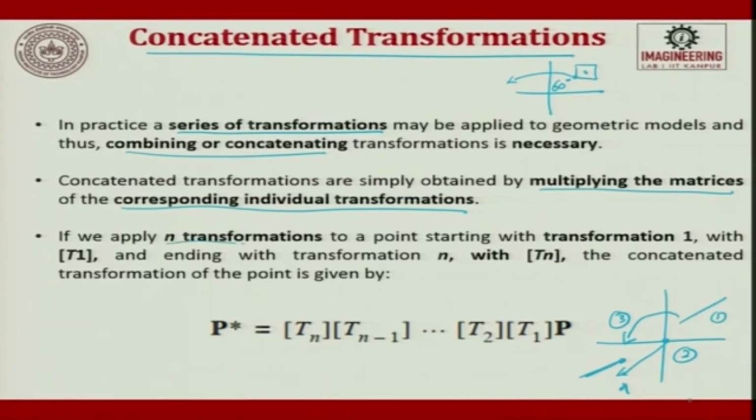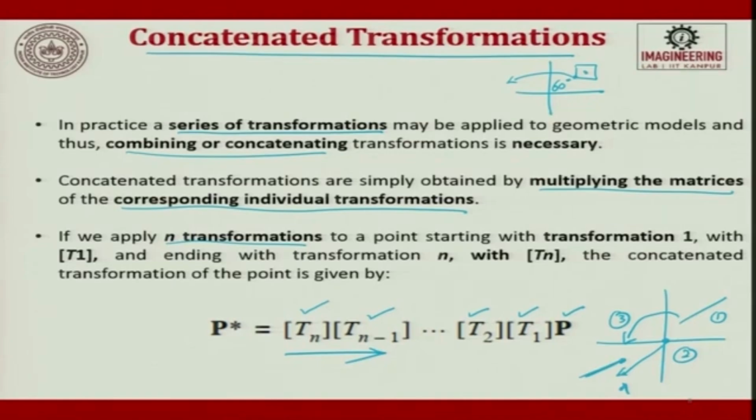If we apply n transformations to a point, starting with transformation T1 and ending with Tn, the concatenated transformation of the point is given by Tn, Tn minus 1, going on till T1, and then finally you multiply it with the point. So, it is done in reverse order. The last one becomes the first in the product, then the previous, and then the previous. That is what is told here.